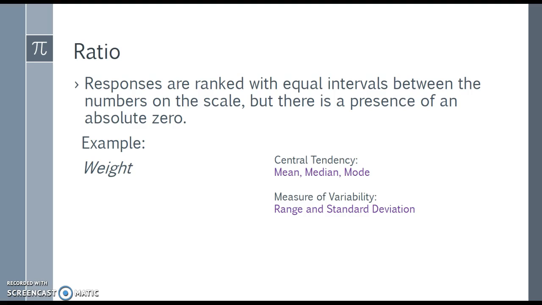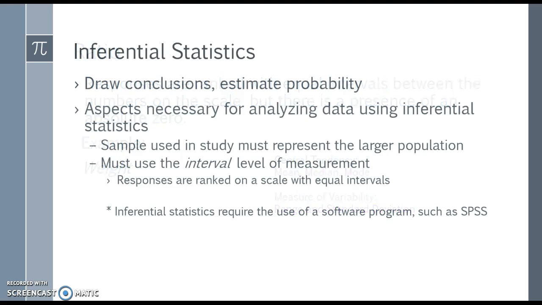So when you're thinking about measuring the central tendency, you can use the mean, median, or mode with ratios, or if you're measuring variability, you can use the range or standard deviation.